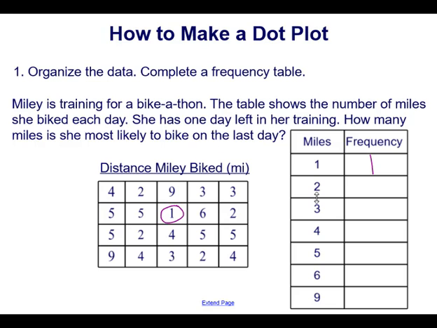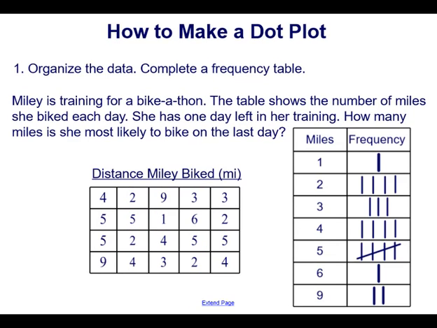For 2, I see 2, 1, 2, 3, 4 times, so I would mark 4 tick marks as the frequency for 2, and I would repeat this process for 3, 4, 5, 6, and 9. That would complete my frequency table.